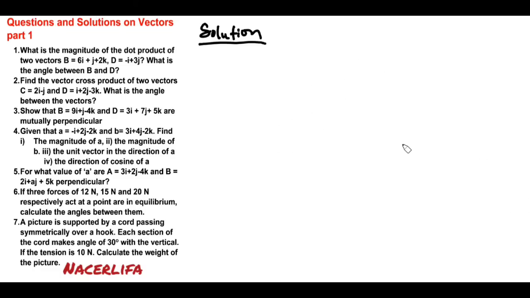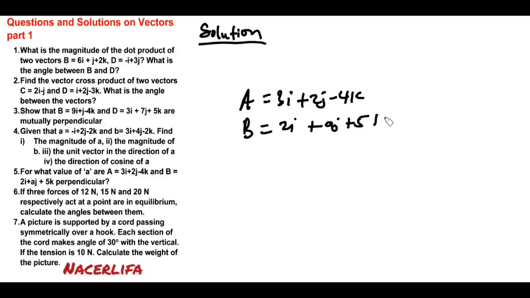So we write the vectors: a equals 3i plus 2j minus 4k, and b equals 2i plus aj plus 5k. For this to be perpendicular, this relation holds. I have shown how this is possible.